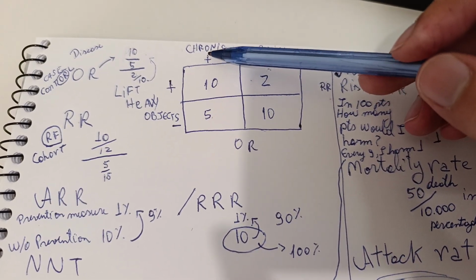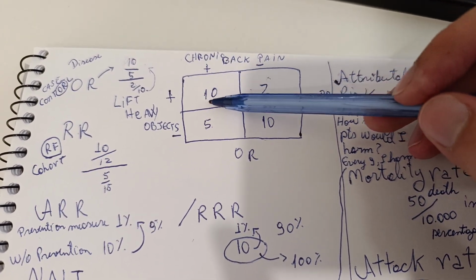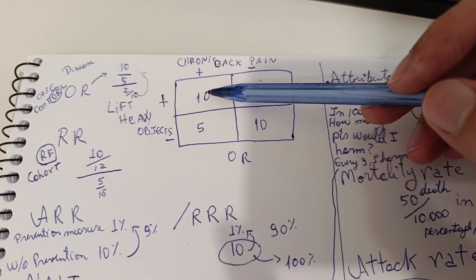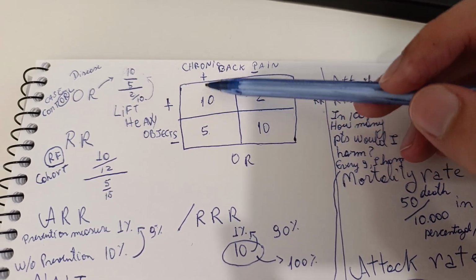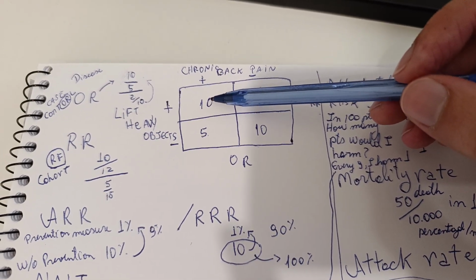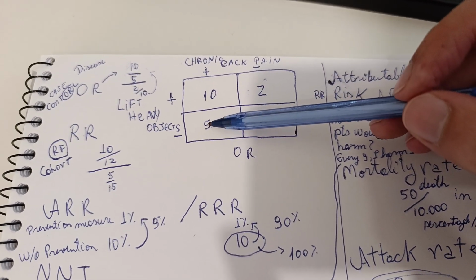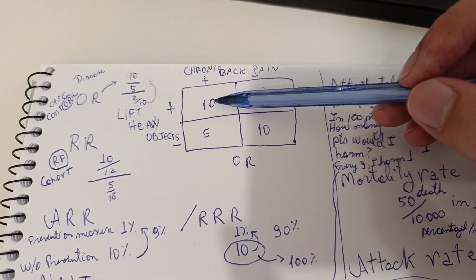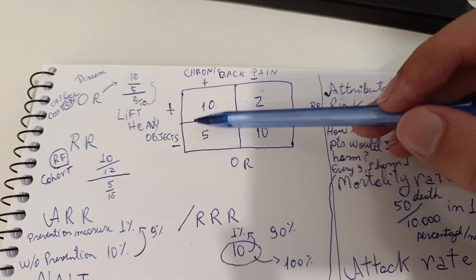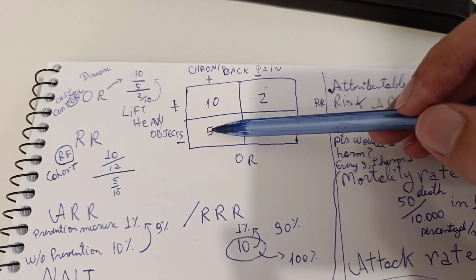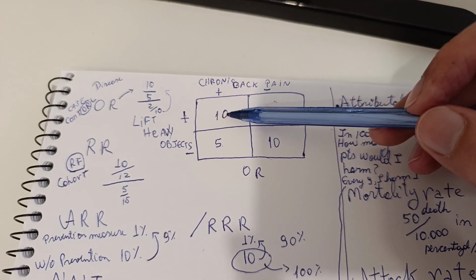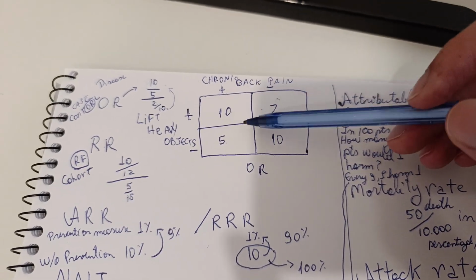And we have 10 people here that lift heavy objects and have chronic back pain. So if we divide this by this, we can actually have a sense that the more you lift heavy objects, the more you have chronic back pain, because most people that lift heavy objects have chronic back pain.